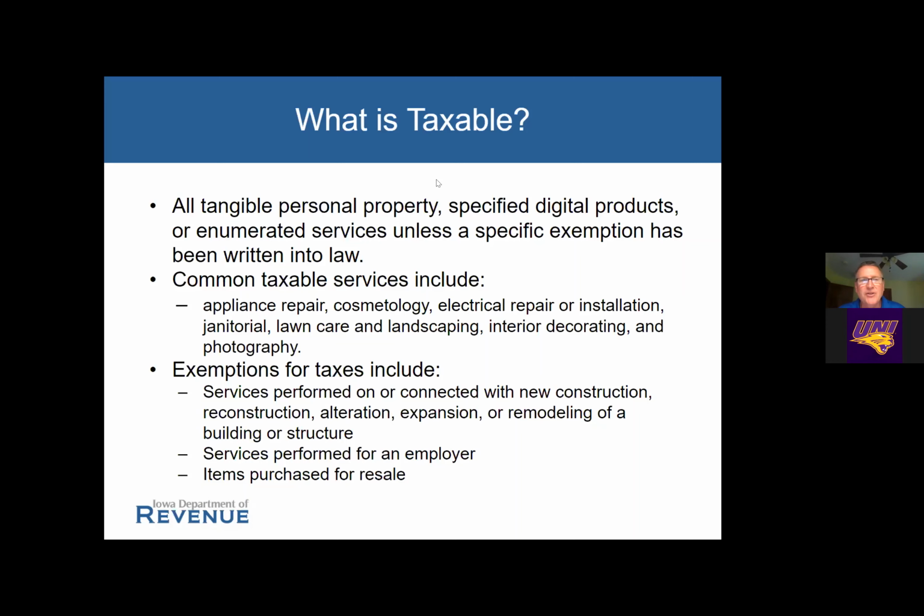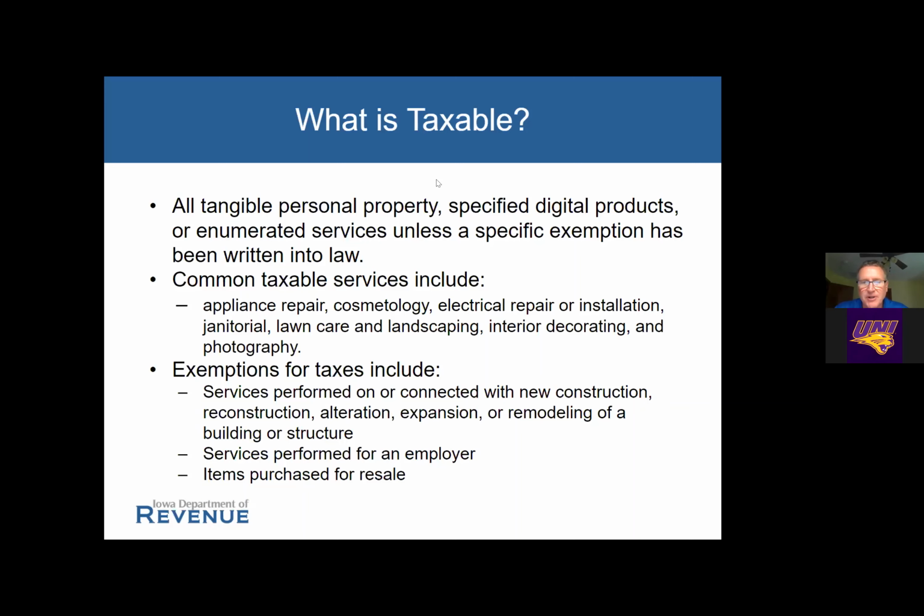Okay, another example of things not subject to tax are items purchased for resale. So for example, if I am a retail business and I sell office supplies, pens and pencils, and here's my pen right here, I can buy all the pens I want for inventory that I'm going to sell in my retail store.